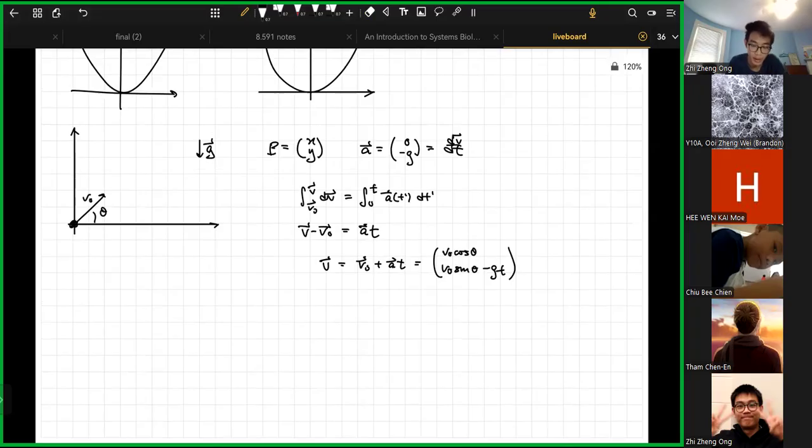Okay, what's the position? It's going to be the same thing. You integrate from the initial position to the final position. That's going to be equal to 0 to t. Notice how I'm using this dt prime as the integration variable and using the time as the final integration limit. You can also just do this your own way. I'm just doing this integration quickly, so I'm not going to show the power rule and stuff like that.